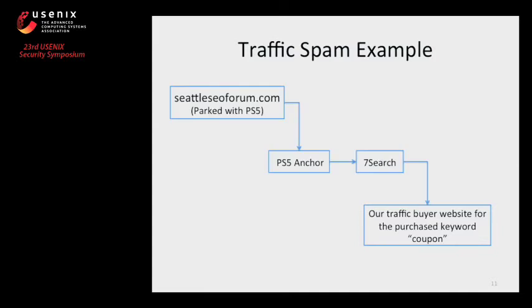And looking at this monetization chain, we see that the actual visit came from a website called SeattleSEOforum.com. This clearly has nothing to do with the keyword coupon. This is a park domain that was parked with a parking service and redirected through a traffic exchange system, which is 7search, to our traffic buying website. That's why we called it traffic spam, because it has nothing to do with the keywords that we purchased. It's of no interest to us as traffic buyers.